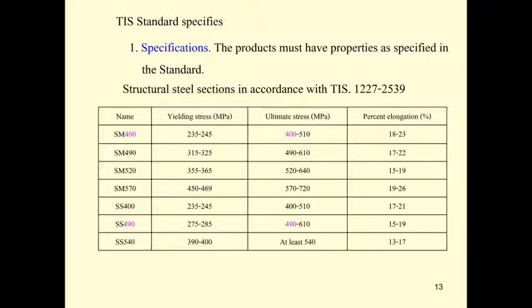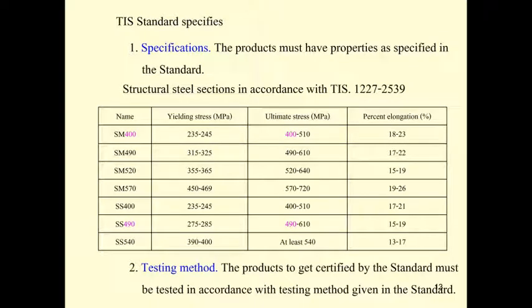And if one of the properties is lower than the specified value, you have to reject that steel back to the manufacturer. And how do you get the properties? The TIS provides the testing procedure or testing method that you have to follow in order to obtain reliable values of these properties.